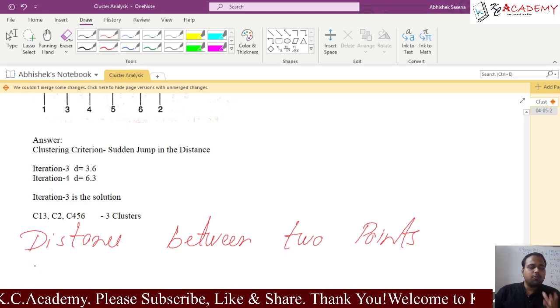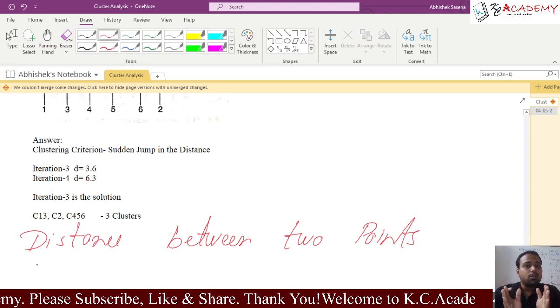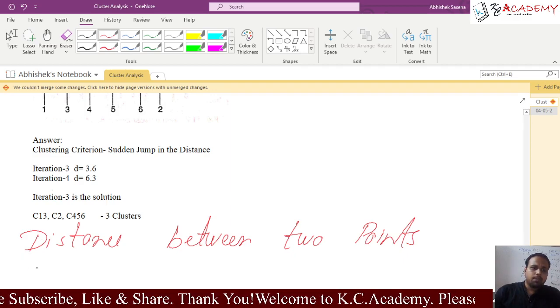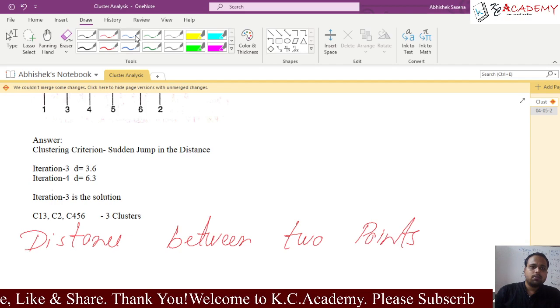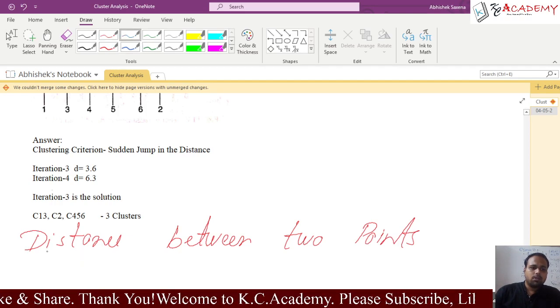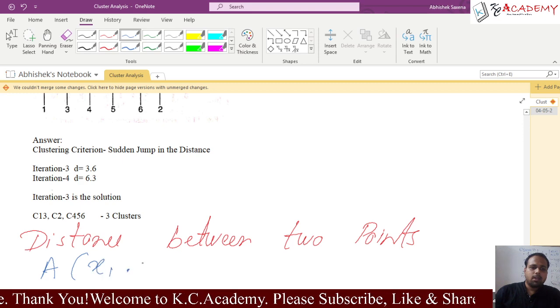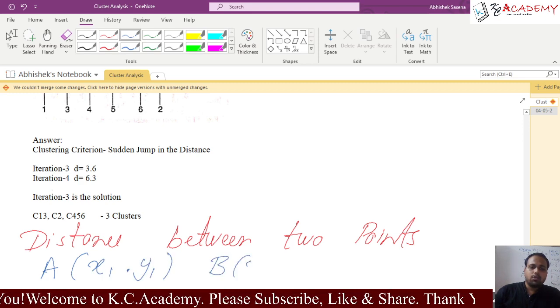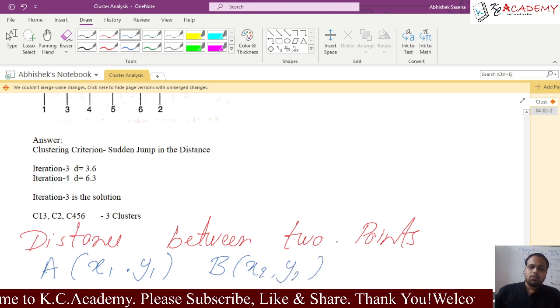If you want to find distance, 2 points will be given. If you know the 2 points, then you should know the 2 coordinates. So there is a point A whose coordinates are x1 and y1, and there is another point B whose coordinates are x2 and y2.